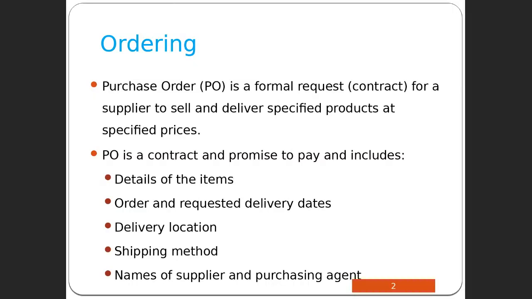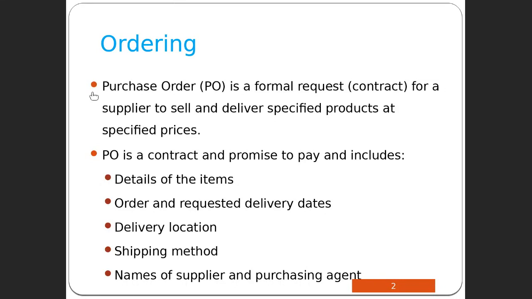Let's continue. The ordering process starts with something called a purchase requisition, which is an internal document. So someone inside the company noticing a shortage of inventory requests the purchasing agent with a purchase requisition, which is sent from the employee to the purchasing agent in the purchasing department.